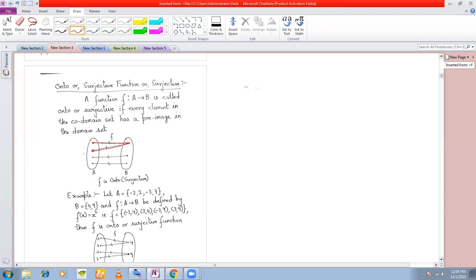It may not be distinct, remember. This element has this pre-image, and this element has this pre-image. So if every element in the set B, every element, not one element should be left out, has a pre-image, may not be distinct, then it is called an onto function or a surjective function.